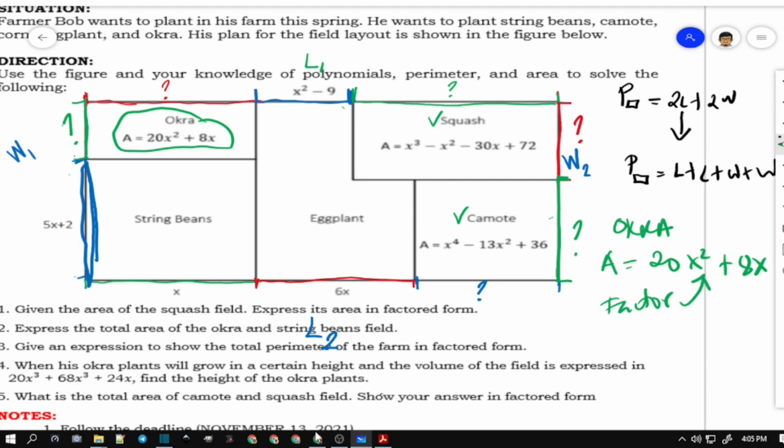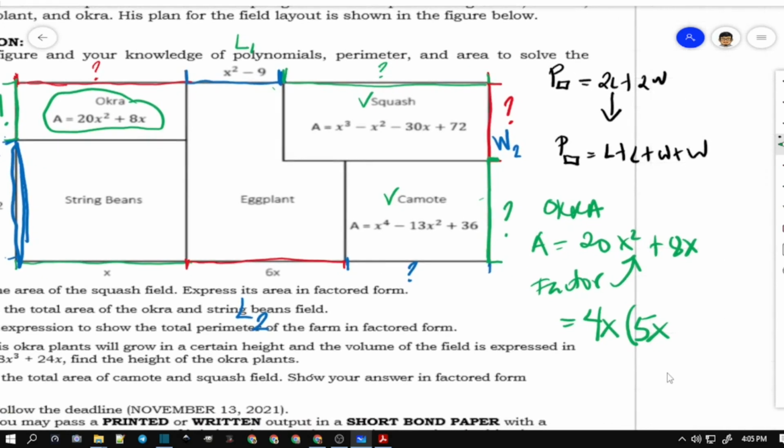Now the common factor between 20 and 8 is 4. They are both divisible by 4. So we have 4 and then x squared divided by x, that is x. 20 divided by 4, that is 5. X squared divided by x is x. And 8x divided by 4x is 2. Okay?